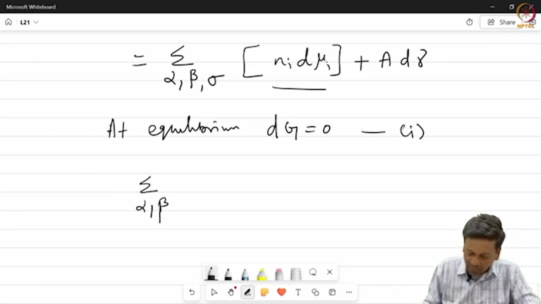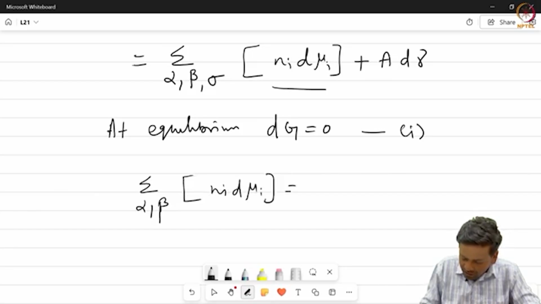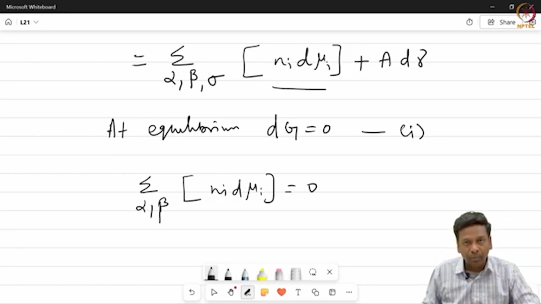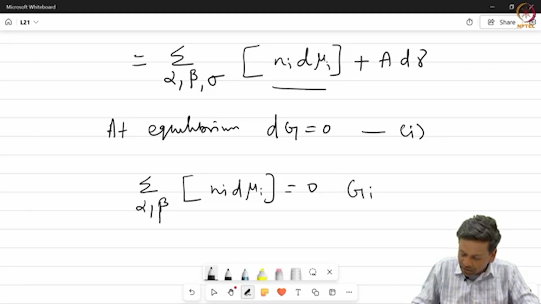For the mixture, from the Gibbs-Duhem relation, we know that the summation of Ni d mu i is actually 0. Whether it is bulk phase 1 or bulk phase 2, this is true from the Gibbs-Duhem equation relationship, right.